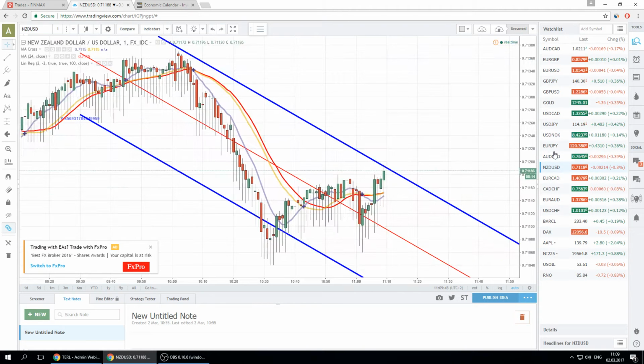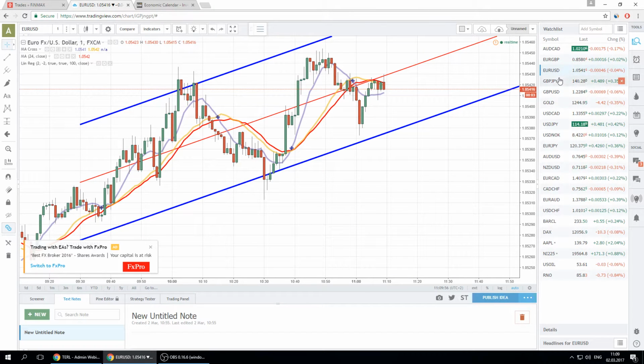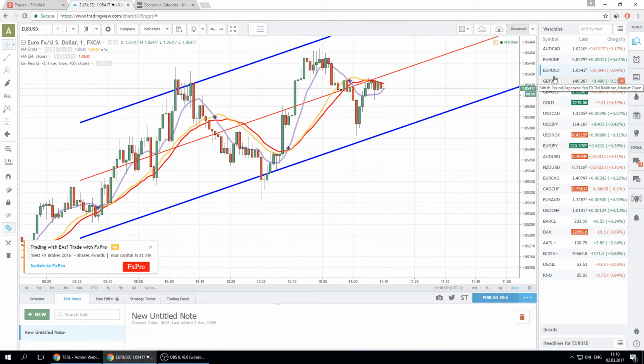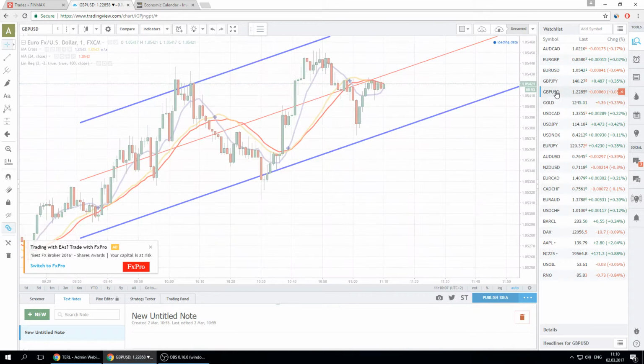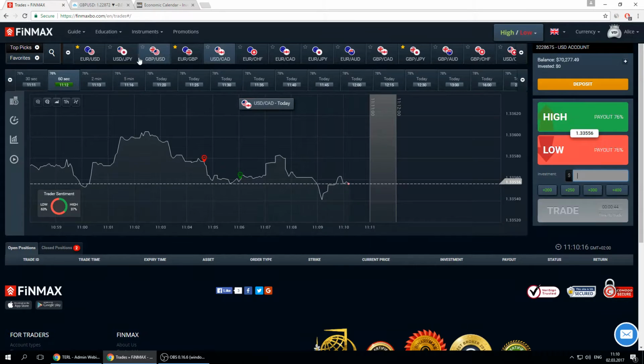So let's give some time to short-term trading, short range, like in a small corridor. Okay, let's open for up for 1 minute.